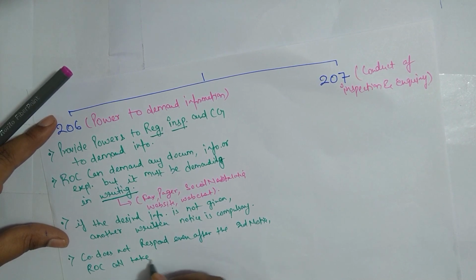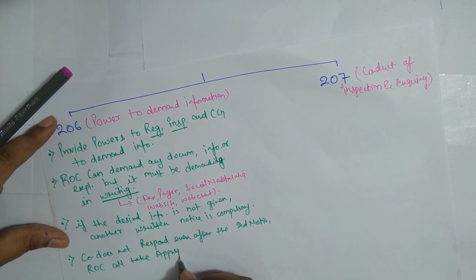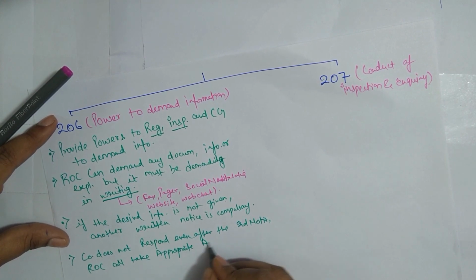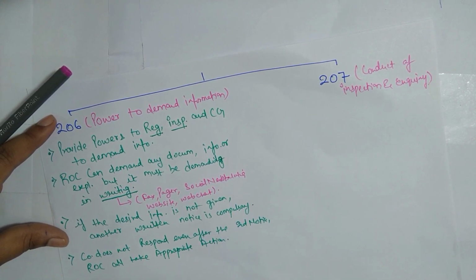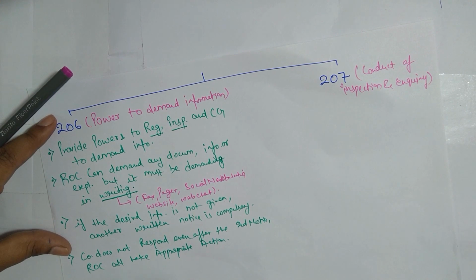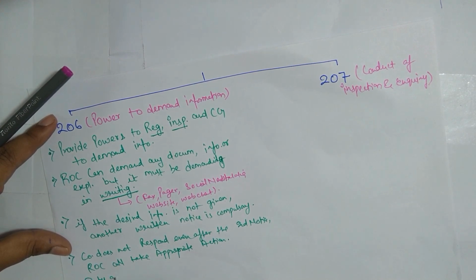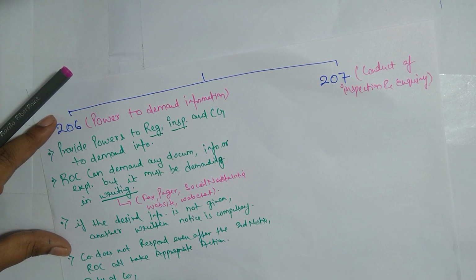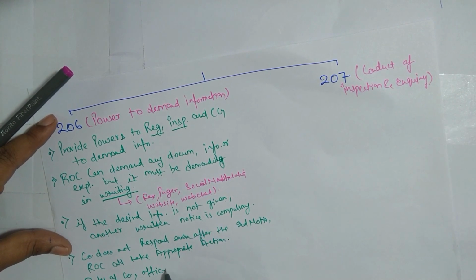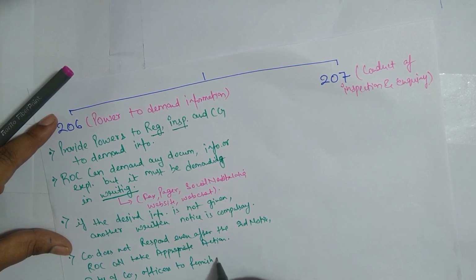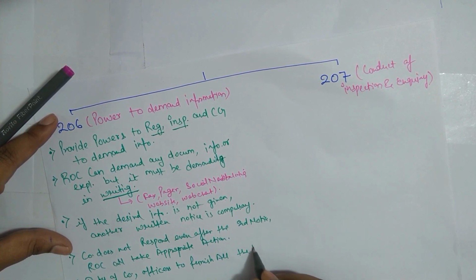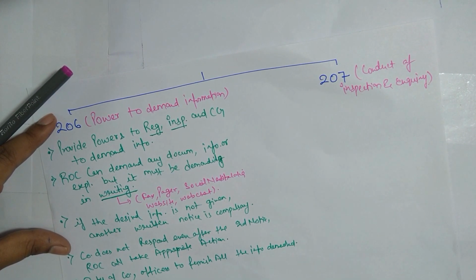ROC can take appropriate action such as ordering the inspection. Fine. Now, once it is done, it is the duty of the company and their respective officers to furnish all the information demanded by the ROC.